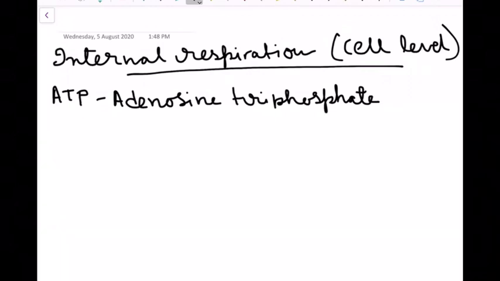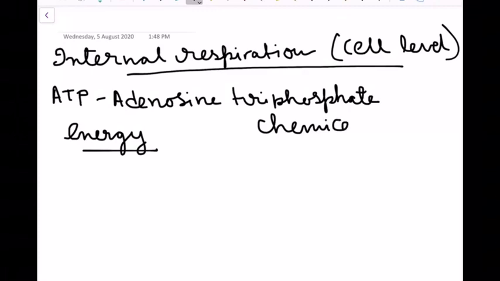But yes, it is definitely energy. It is that chemical energy which I always talk of, that our body moves because the chemical energy from our food gets converted into mechanical energy, right?